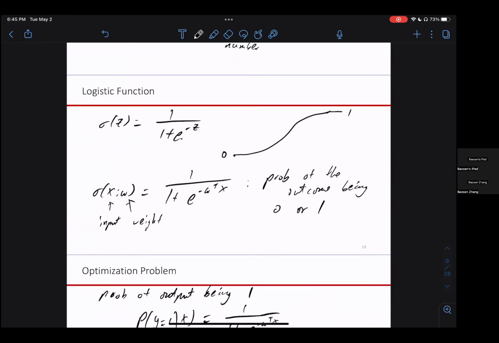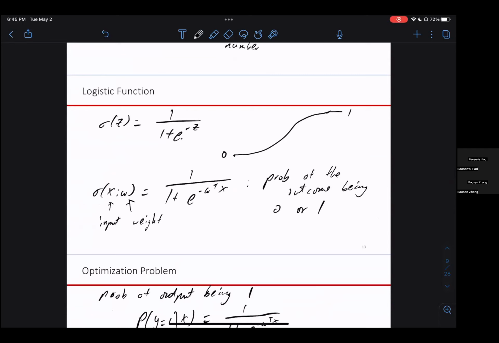The justification I gave is that it takes a real number and maps it between 0 and 1, because I want to interpret this as a probability. That turns out not to be a great justification. There are many functions you can take. You can throw in a real number and get something between 0 and 1. There's an extremely large class of functions that do this.